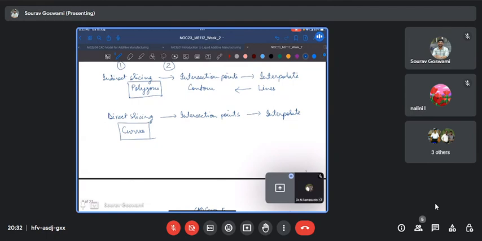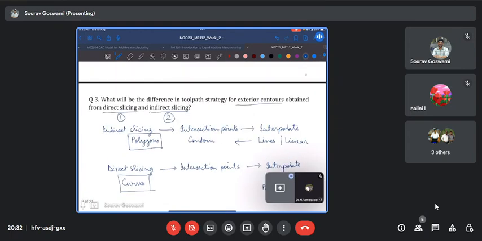So this interpolation cannot be linear. So I have to use some other interpolation, such as quadratic polynomial or any other polynomial based interpolation, for example. But it cannot be linear. So this is the primary difference between the toolpath strategy for exterior contours when we are proceeding via a direct slicing versus via an indirect slicing step.